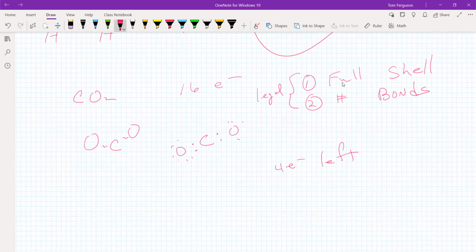One way to do this is to put them like that. So that gives carbon 8 electrons now, and it's got 2 bonds. So the bond number is messed up. Oxygen's got 8 electrons, but only 1 bond.